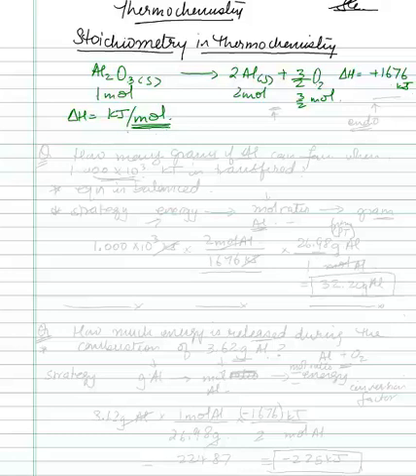So when you say that you have 1676 kilojoules being made, that's actually coming from 1 mole of aluminum oxide, but 2 moles of aluminum are being made from this. I hope you understand why we don't use the per mole, but otherwise you can easily use the mole quantity over here.